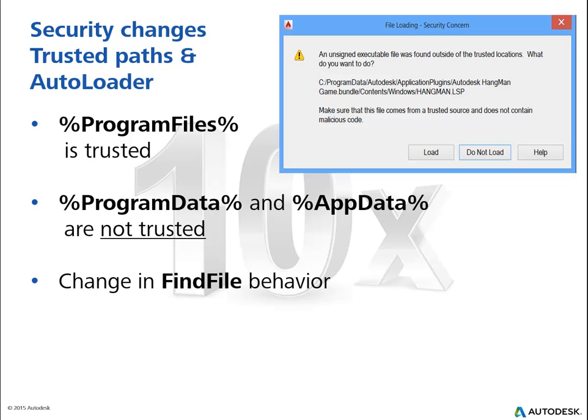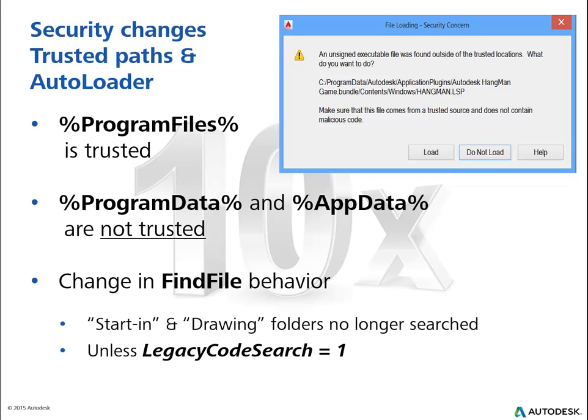This is also affecting the find file behavior, so it is not searching those folders anymore. So the startup and drawing folders will no longer be searched with find file. Unless you really need this, you can set the system variable LEGACYCODESEARCH to 1 if you really want to use it, but that's a change that happened in 2016.